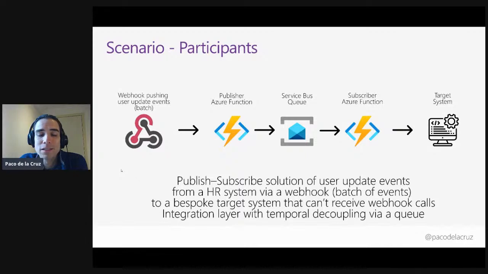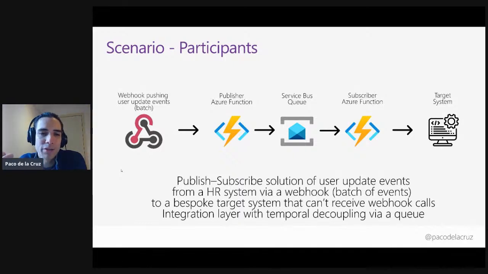However, this target system cannot receive HTTP calls. So we have an integration layer in the middle that is listening to these webhook calls, and then is debatching or splitting this call, and then sending individual messages to a Service Bus queue.